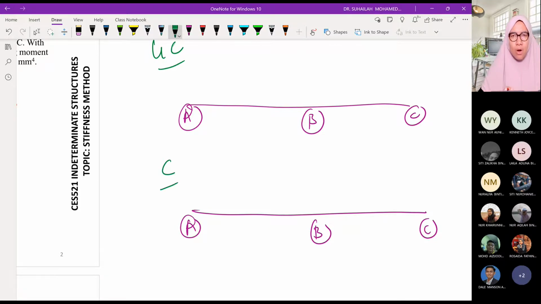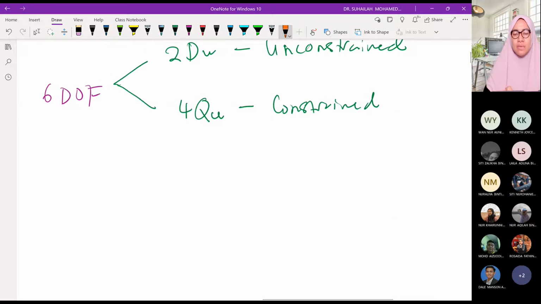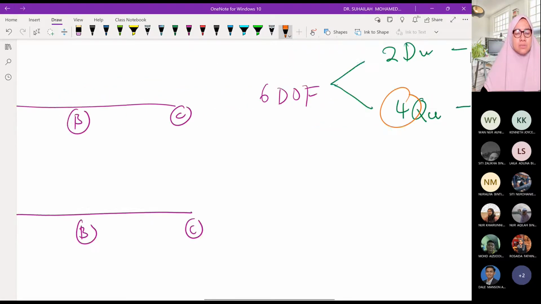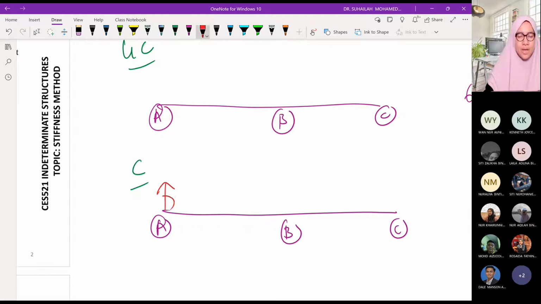Okay, so there are four DOF in the constrained system. There are 2 at A, 1 at B, and another 1 at C, representing unknown reactions.